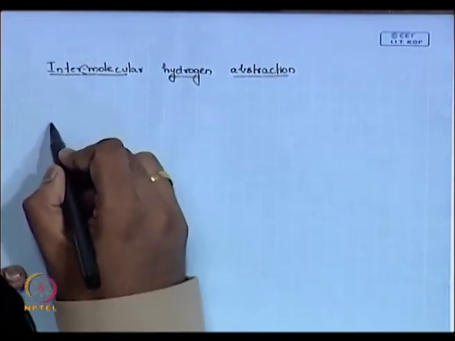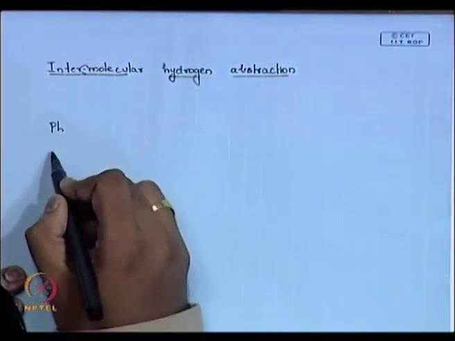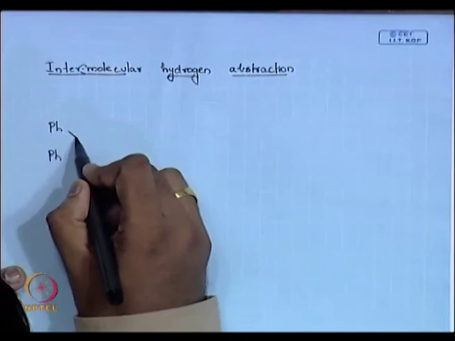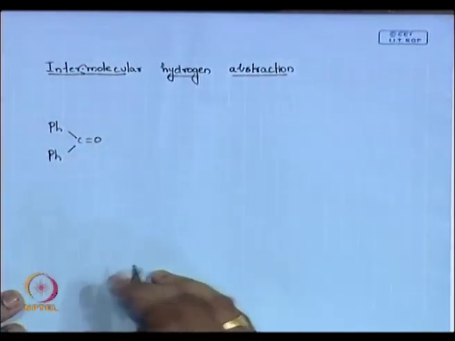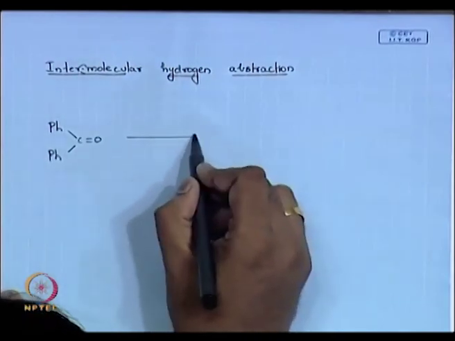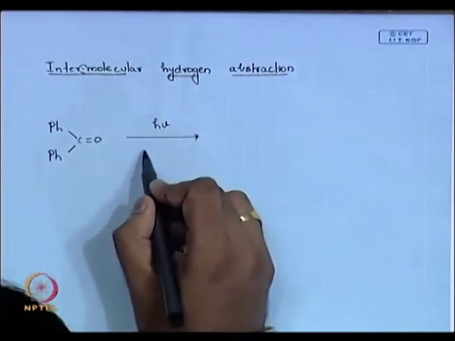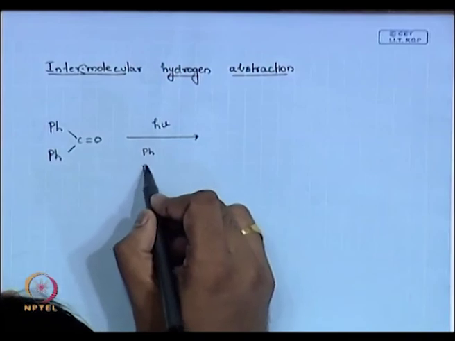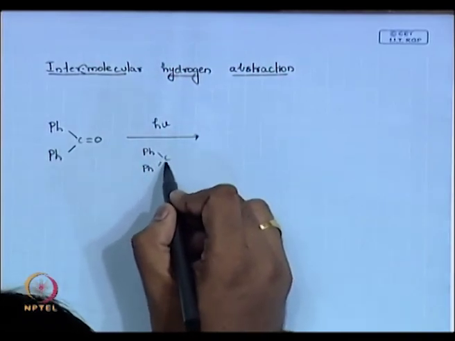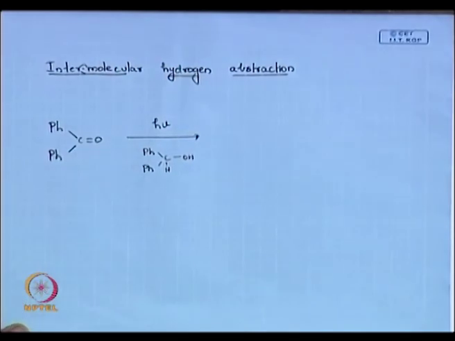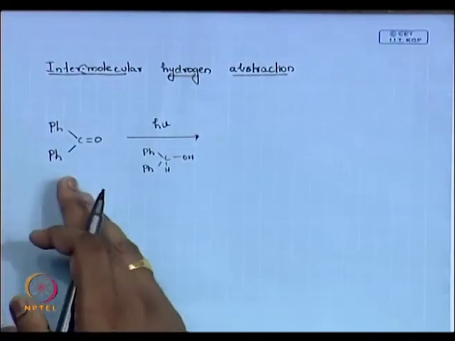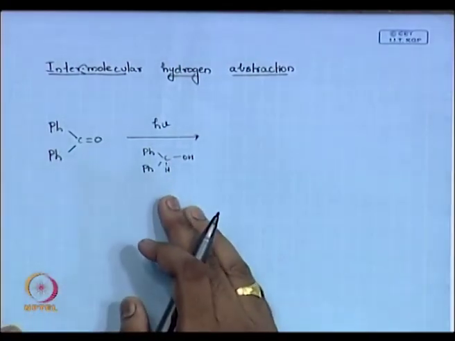Best example is that we take a benzophenone and do the photolysis in the presence of, you can take, reduced benzophenone. Okay. And if you do it in this solvent, you do the photolysis and see what happens. Or you can take acetone and do it in isopropanol.